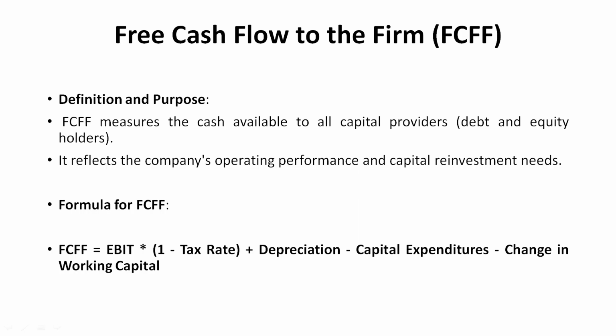So let us go into a little bit of depth on free cash flow to the firm. As I told you in the earlier slide, it is the capital cash flow available to all the capital providers. Who are the capital providers? Capital can come into the company either in the form of debt or in the form of equity.